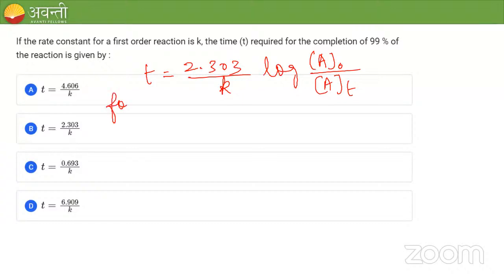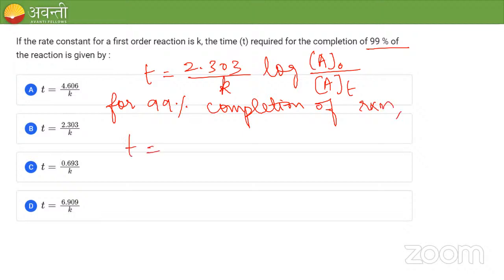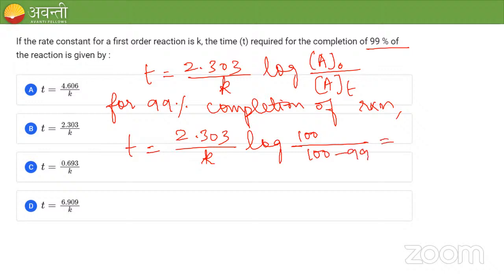Now for 99% completion of the reaction, what would be the value for t? t is equal to 2.303 divided by k into log of. Initially we may have 100 and after some time t, 99% have reacted. So it is 100 minus 99, which is nothing but 1.